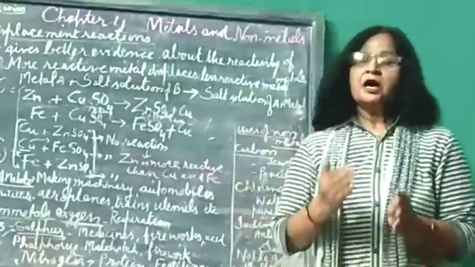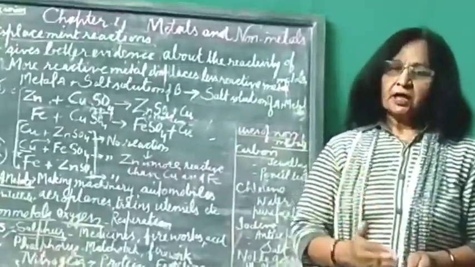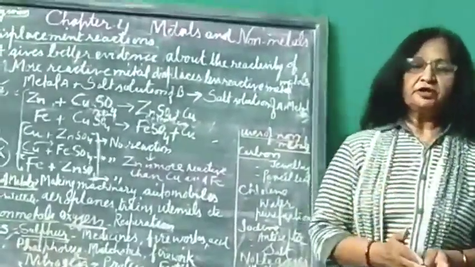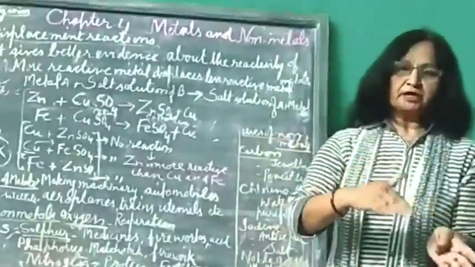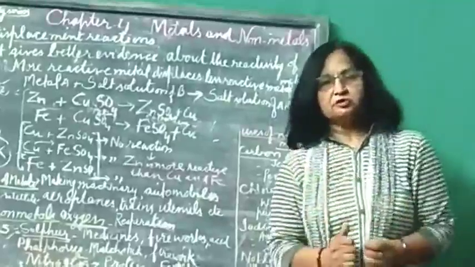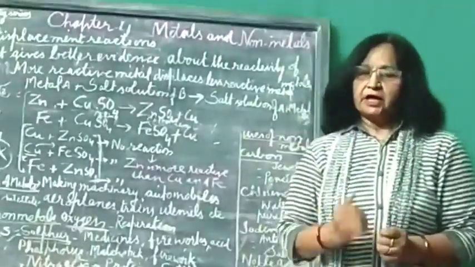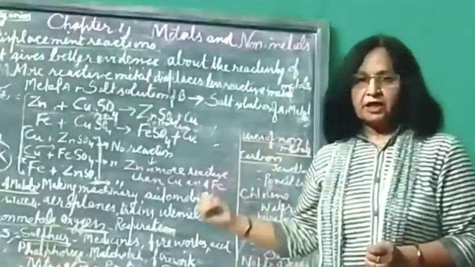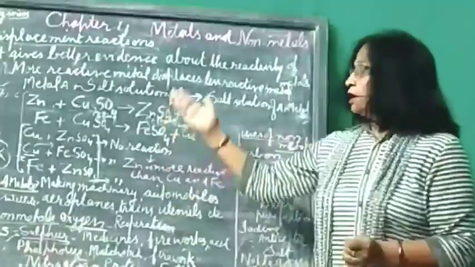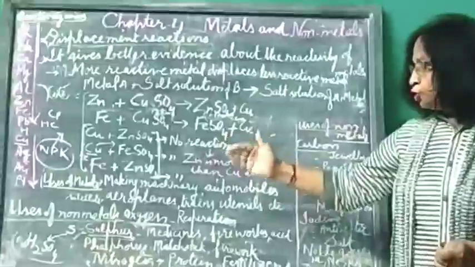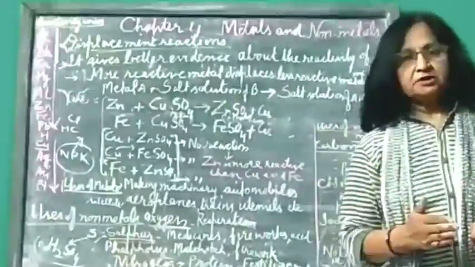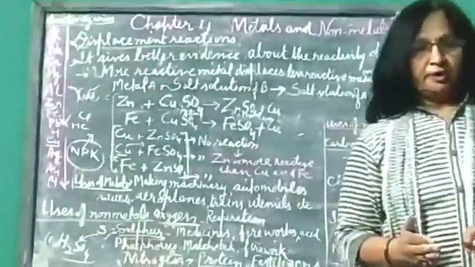In the third topic, I discussed chemical reactions, reactions with oxygen, water and acid, and the differences between metals and non-metals on the basis of chemical properties. And in the last topic, I just now discussed displacement reactions, a very important topic, and some uses of metals and non-metals.